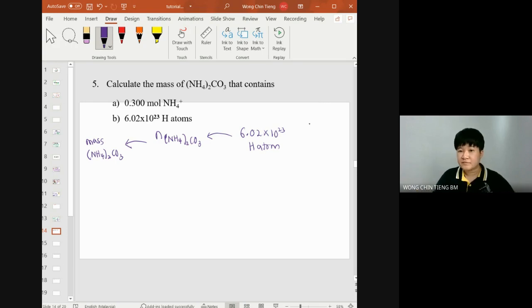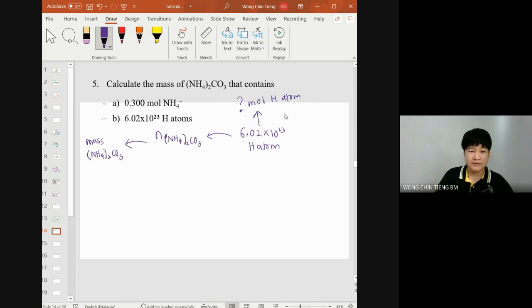Okay? Alright. So that is the problem because it's a different question. So 6.02 times 10 to the power of 23 hydrogen atom sebenarnya bersamaan dengan berapa mole? Saya nak tukar yang ni, sebelum saya cari, saya nak tukar yang ni kepada berapa mole of hydrogen atom. Okay?